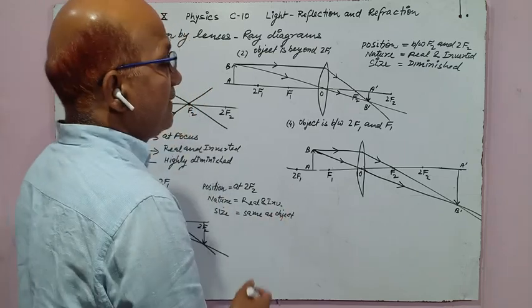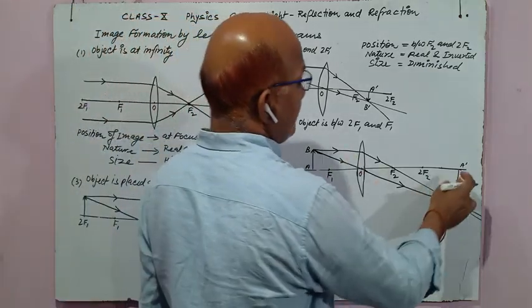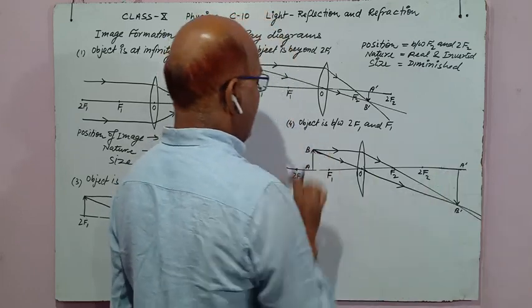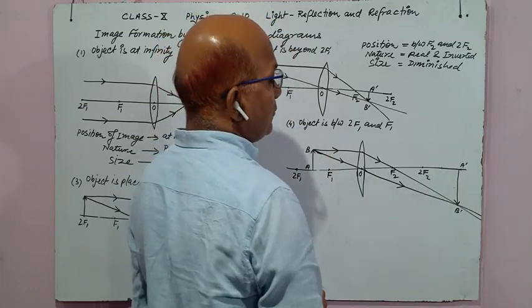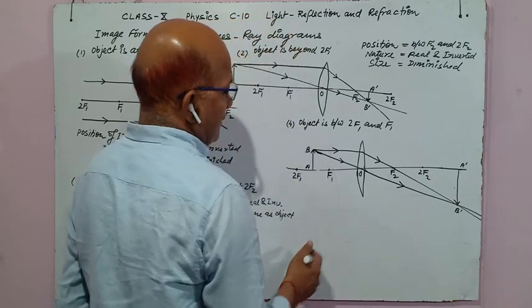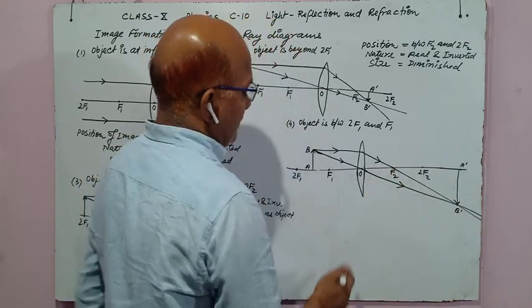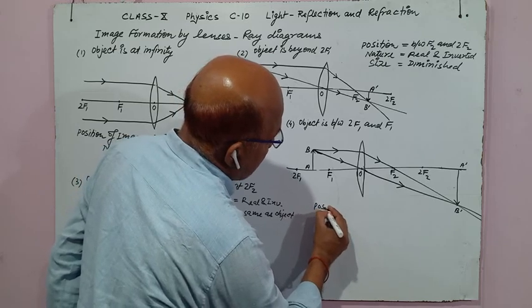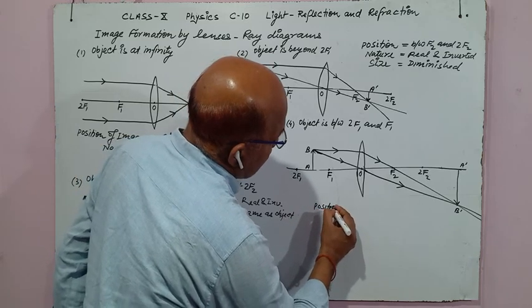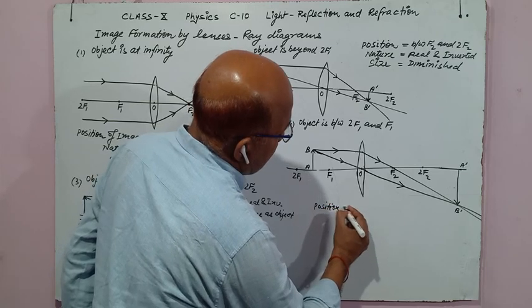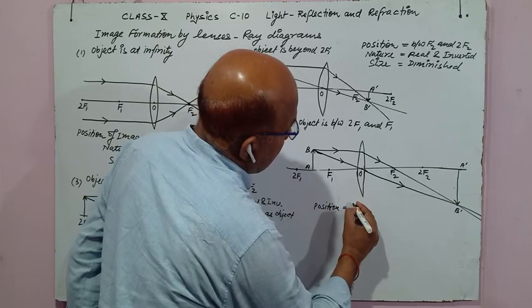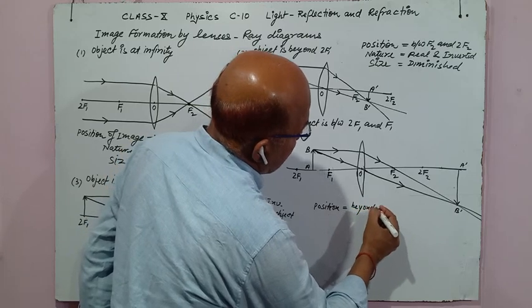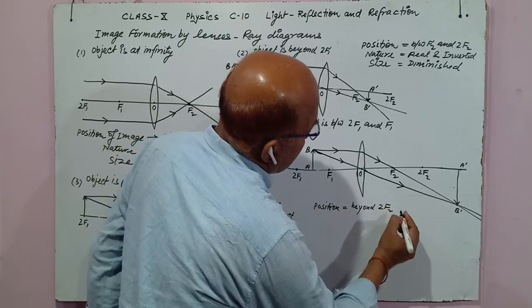You can compare the size of the image. As you can see, this is the image and this is the object. The image is bigger than the object. So the image is magnified. What is the position of the image? The position of the image is beyond 2f2.